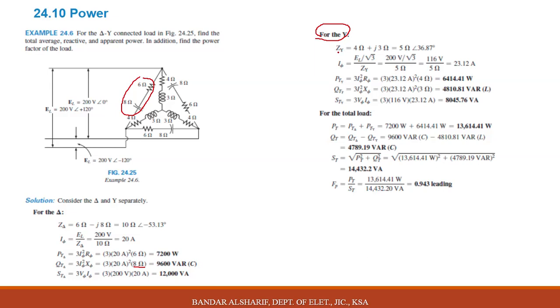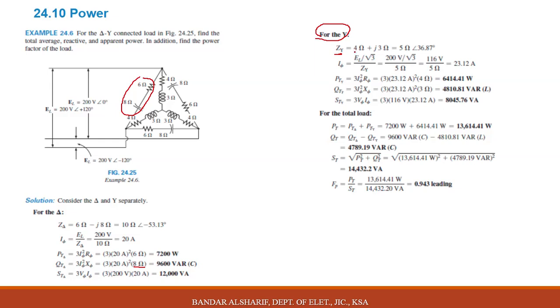Similarly, we need to find the impedance in the Y connection. You will add them, 4 plus J3, you will get 5, angle 36.87.